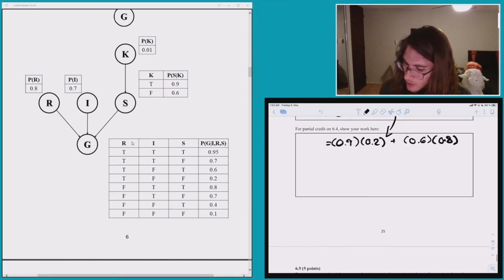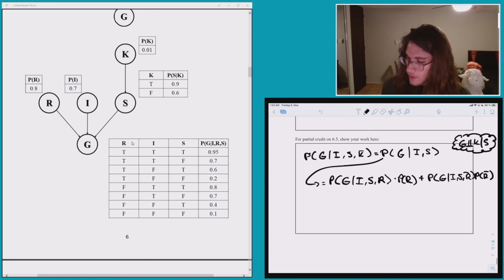Same logic, it's just a little bit more involved, but the same principles apply.